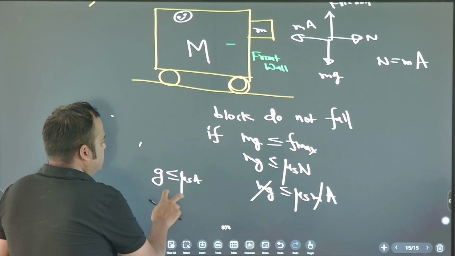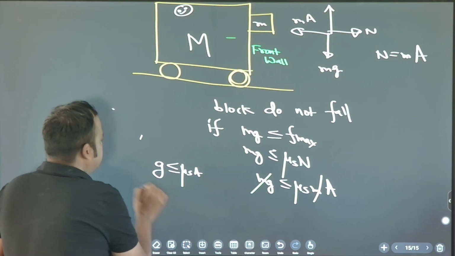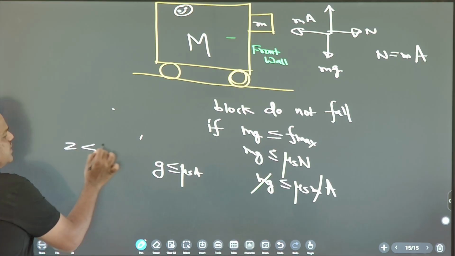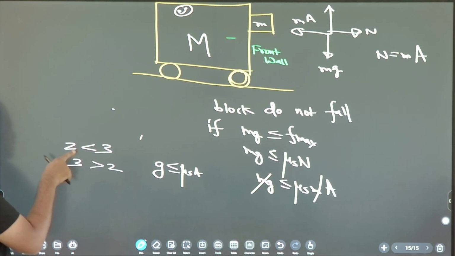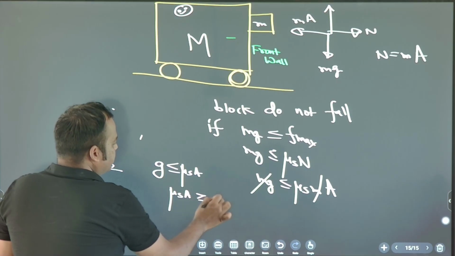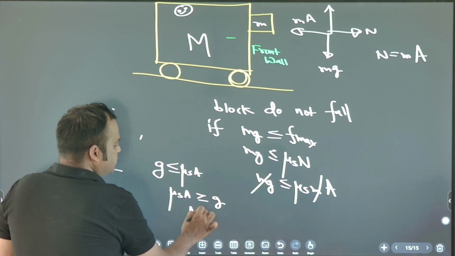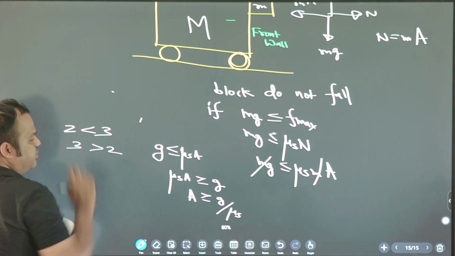Now what is a value? See, you write the left side and g on the right side. 2 is less than 3, correct? So I can write 3 is greater than 2. This is clear? So mu s a is greater than or equal to g. So a is greater than or equal to g by mu s.